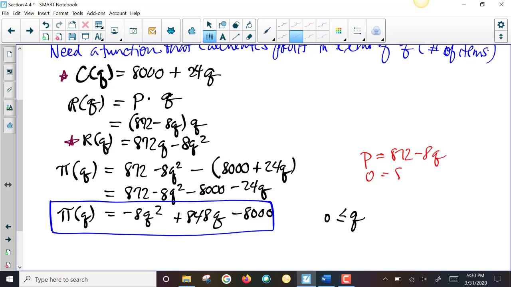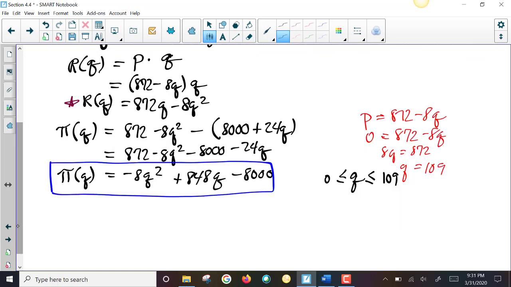What's going to make it 0? Because that would be our maximum quantity. We want to make sure we're selling at a price more than 0. So if we solve this, 8Q equals 872, and Q comes out to be 109. All right, so the quantity produced and sold has to be between 0 and 109.